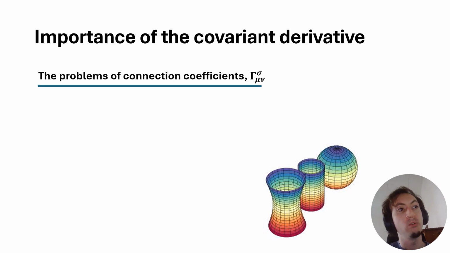For example, in spherical polar coordinates the basis vectors change, so the Christoffel symbols are not zero in a flat space.